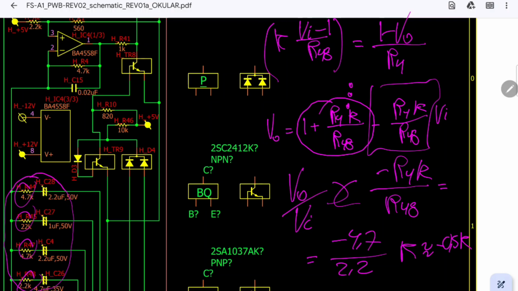So we can see in the end this amplifier is taking the inputs, summing them, dividing them by 2, and inverting them.